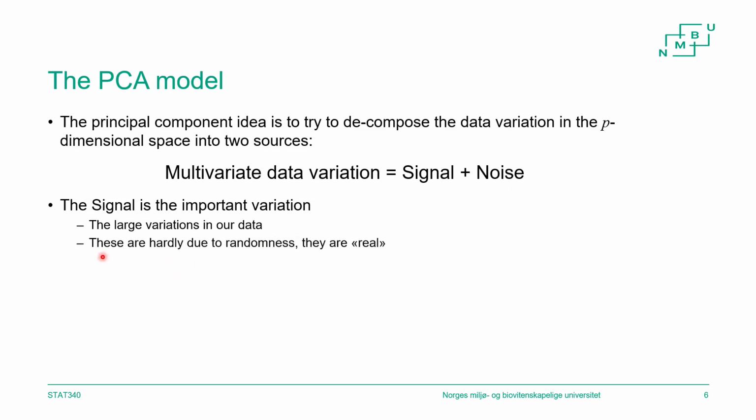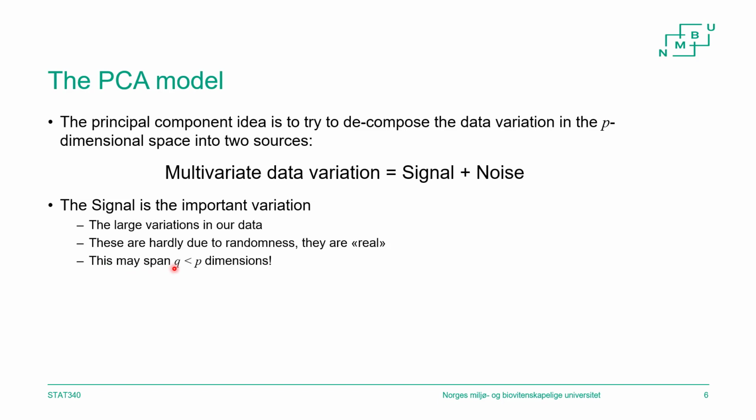And the signal is not random in a sense. It's real information, or real correlations, or real variations in the data. And the randomness, which occurs mostly in the noise, has a tendency to distribute along all axes the same way.